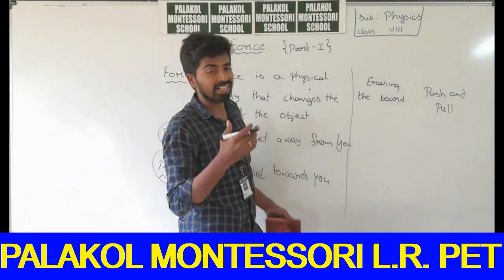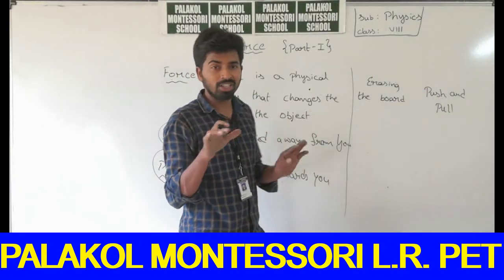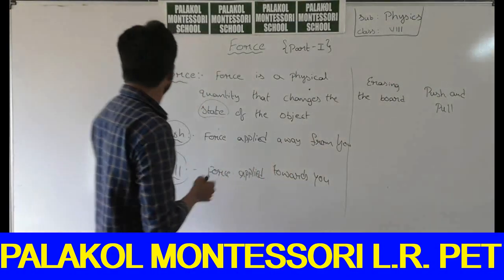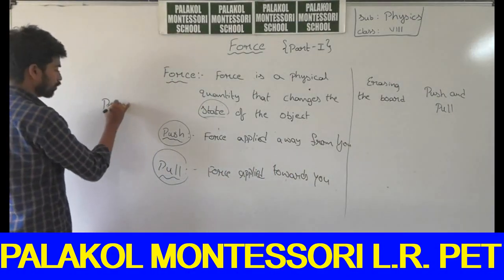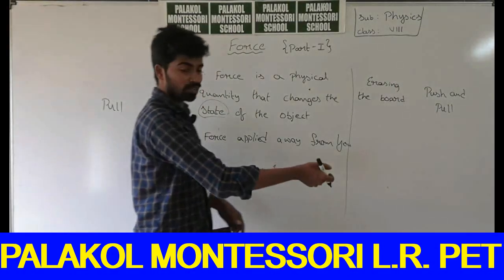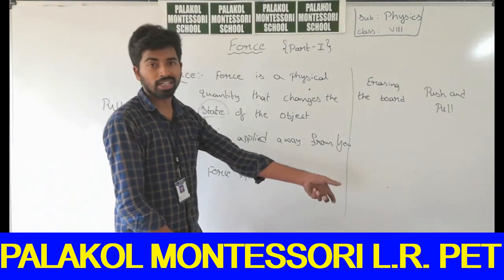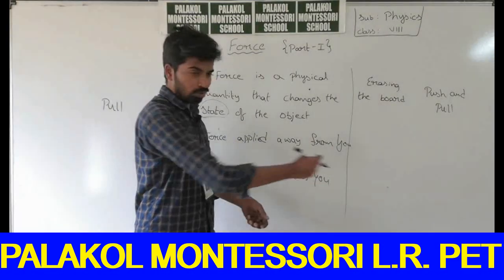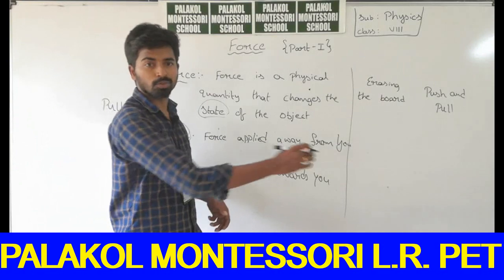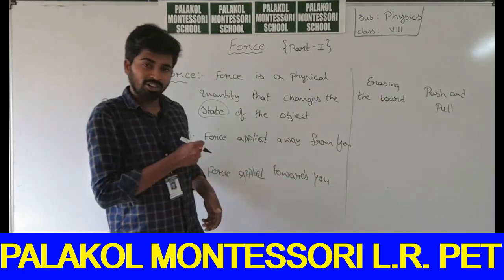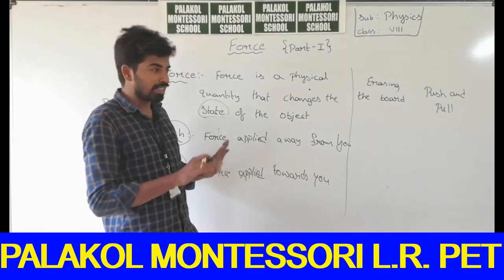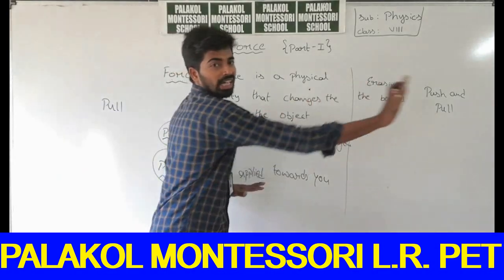You may find that on some doors it is written as pull. You have to hold the knob of the door and apply force towards you. Pull means you have to apply force towards you. Push means you have to apply force away from you.